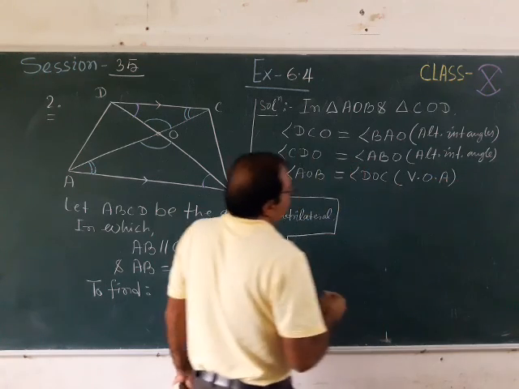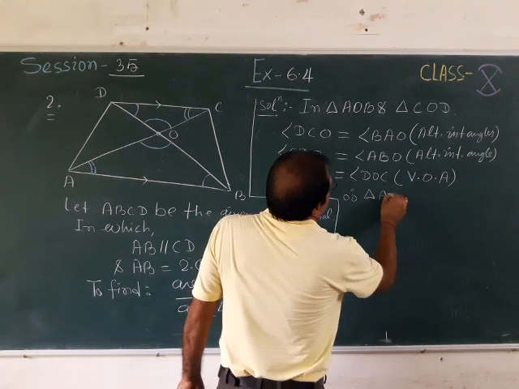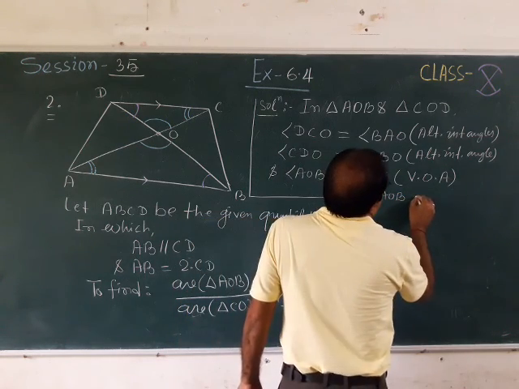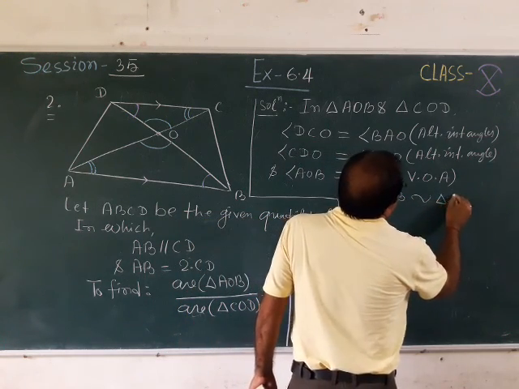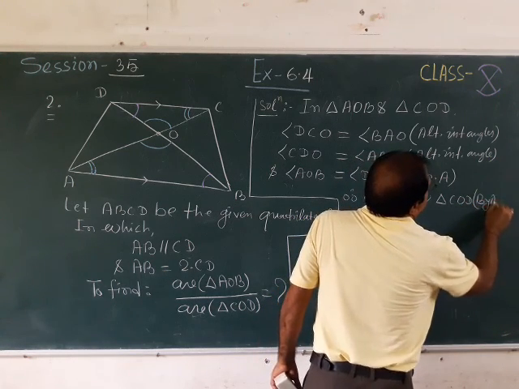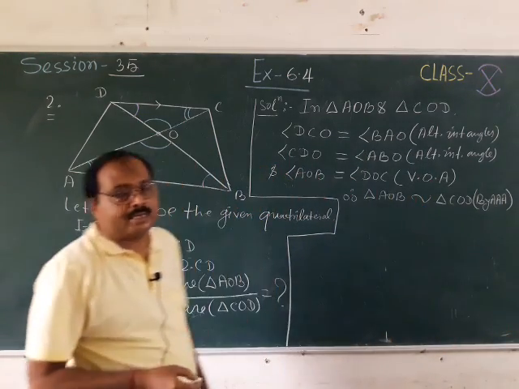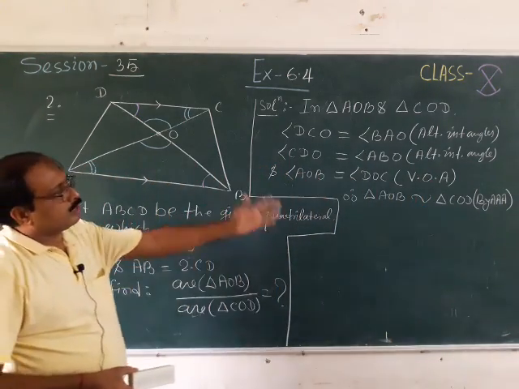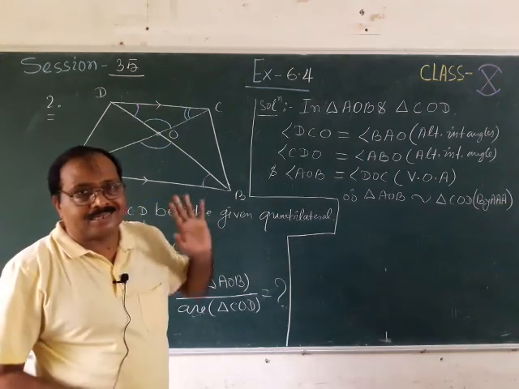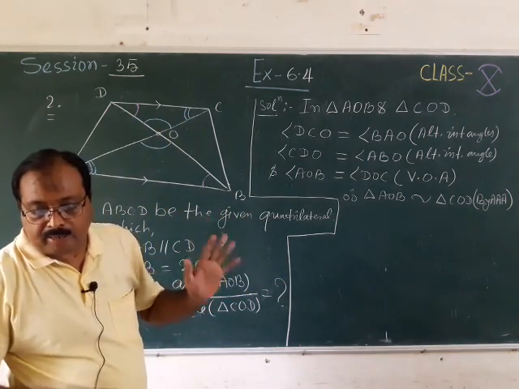That means I am writing VOA. Therefore, you can write triangle AOB is similar to triangle COD by AAA criteria. By the AAA criteria, you can see that both the triangles are similar to each other. That you need to write first.